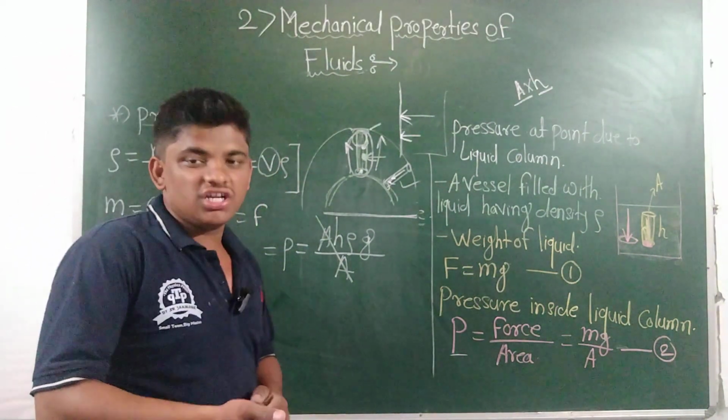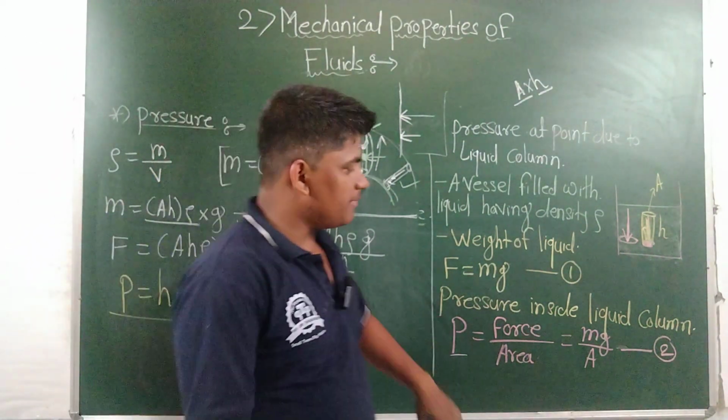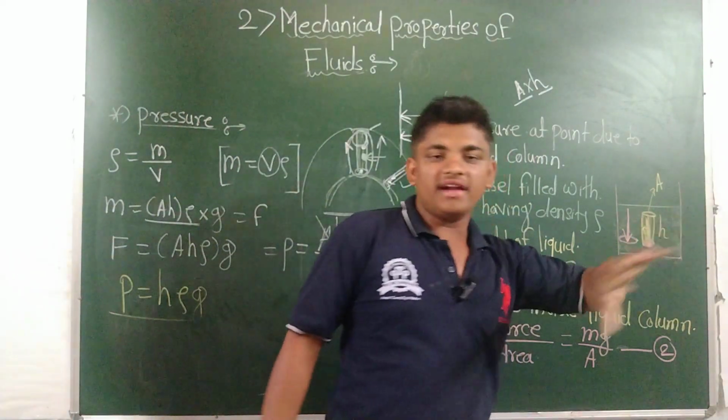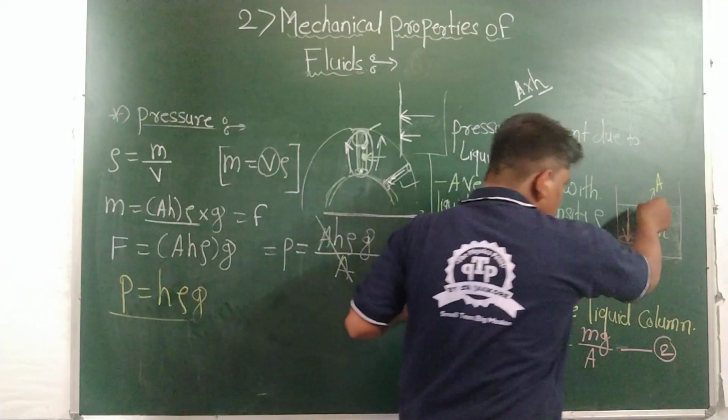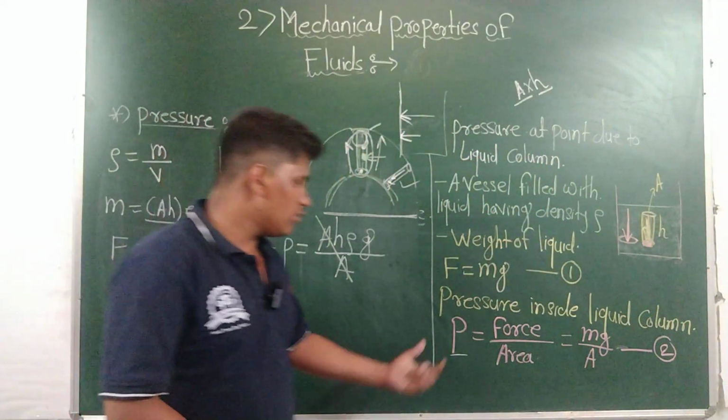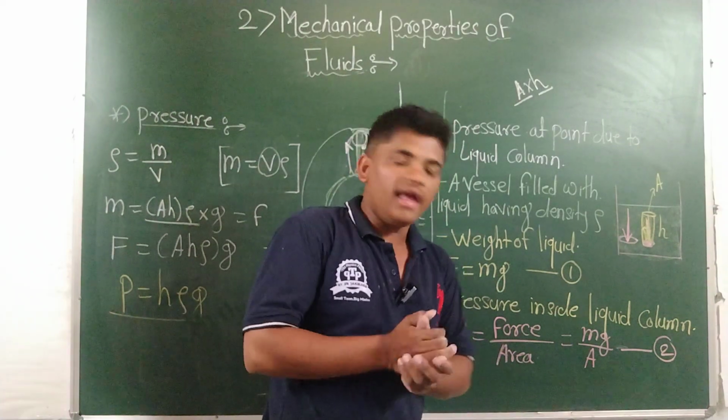And another one, pressure by the liquid column at the bottom of that cylinder. Pressure by this liquid column at the bottom of the cylinder is P is equal to force upon area.